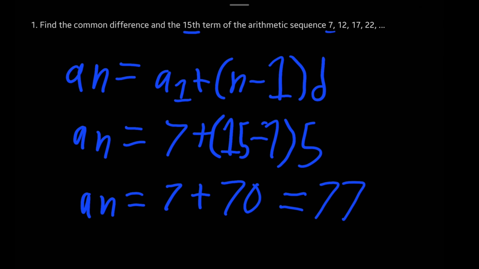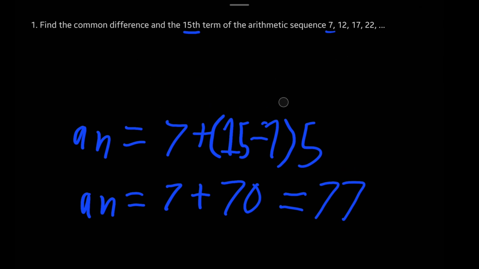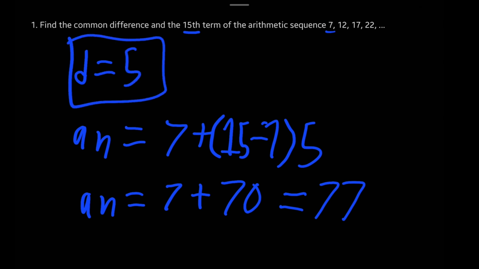So our common difference would be 5, and our 15th term, or a sub 15, equals 77.